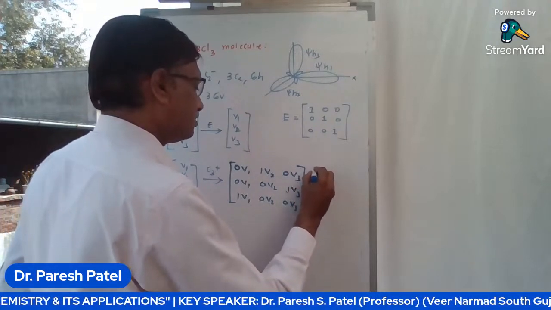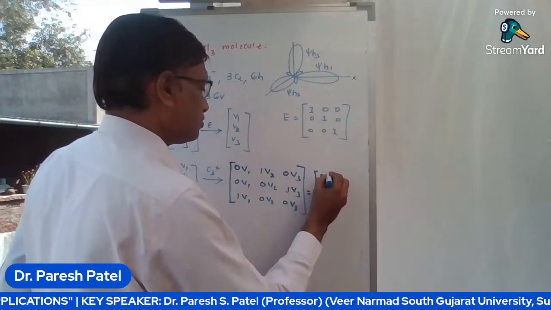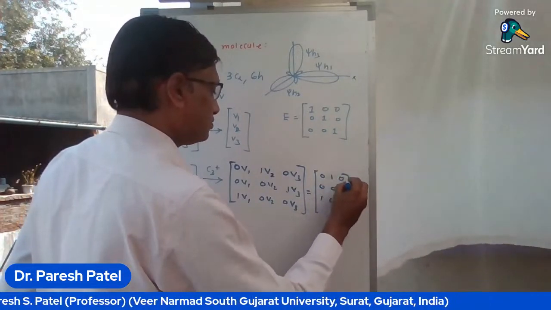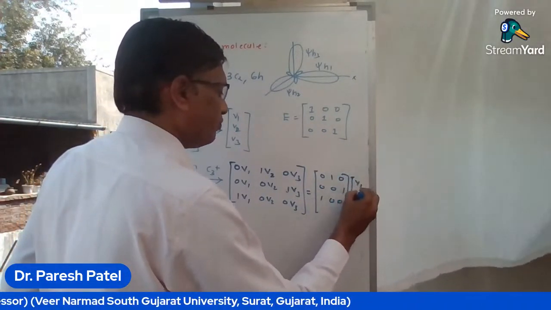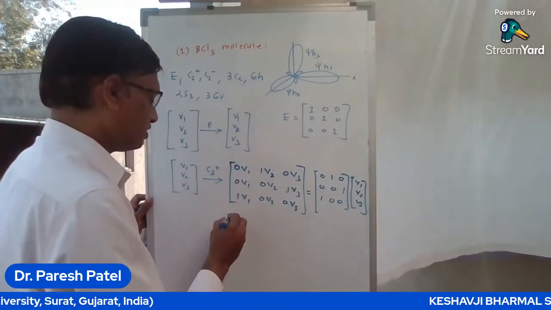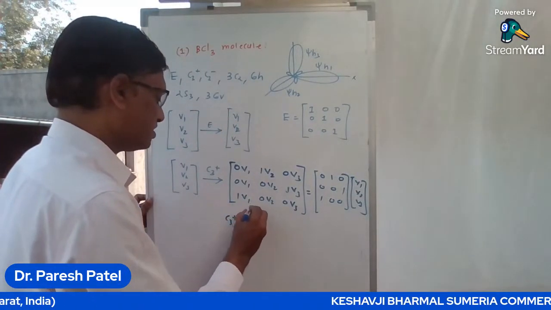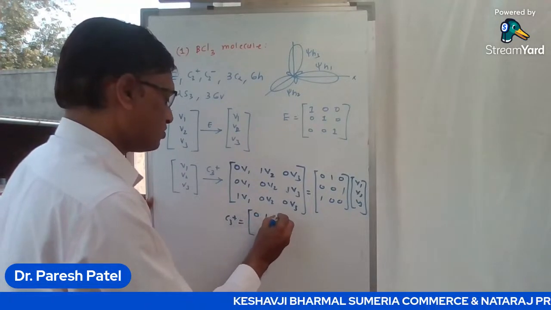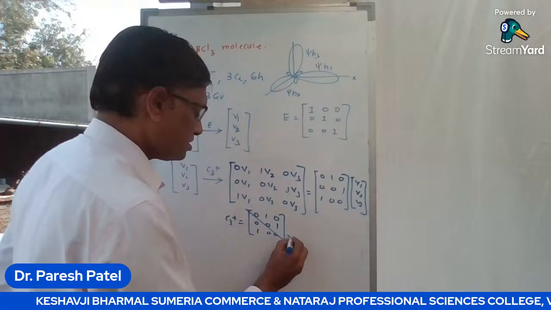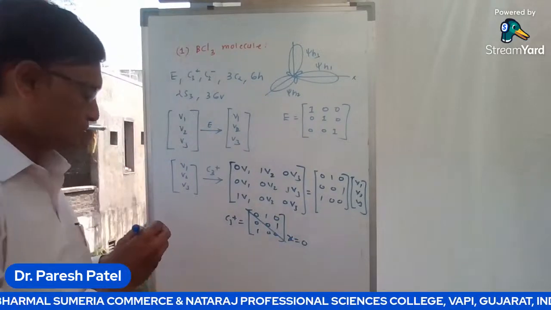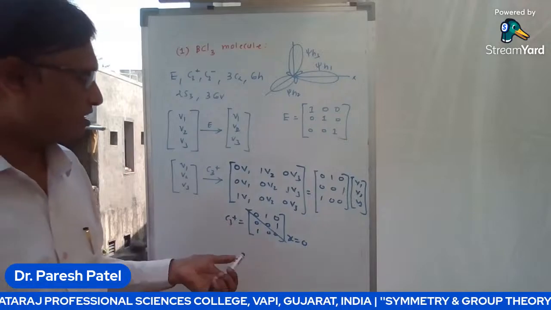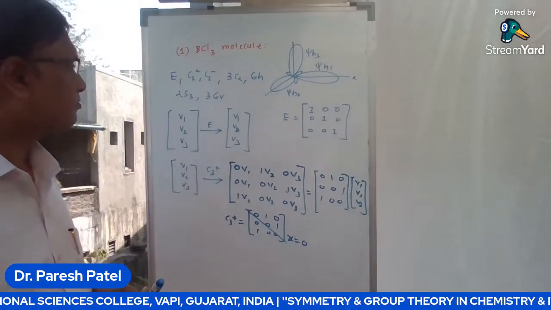So in this one, 0 1 0, 0 0 1, 1 0 0 on v1, v2, v3. So here the character for C3 plus is given by the diagonal of 0 1 0, 0 0 1, 1 0 0. It means character is equal to 0. So by operating C3 plus, there is no change, and the character is equal to 0.